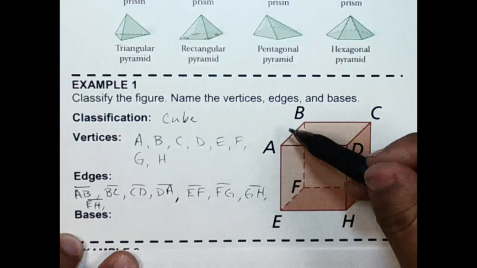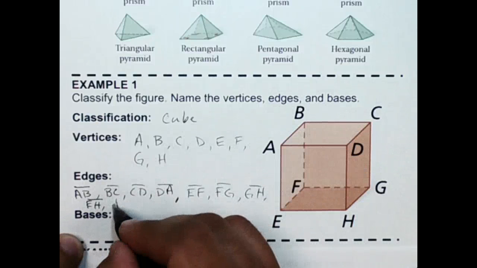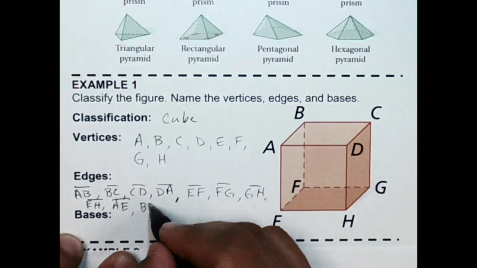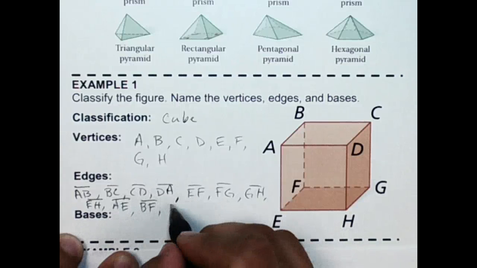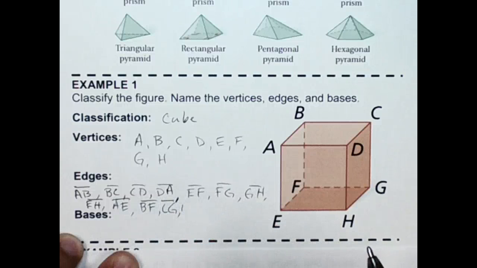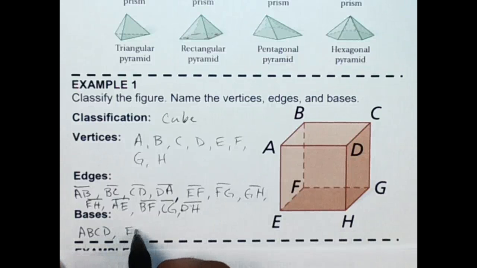All right, and I'm going to do the ones that come down. So that's going to be AE. Then we have BF, CG, and then we'd have DH. Okay, and the bases are going to be ABCD would be one base, and then EFGH would be my second base.